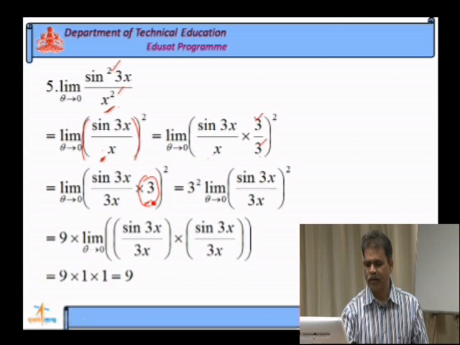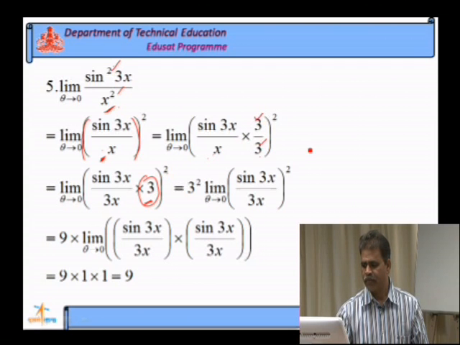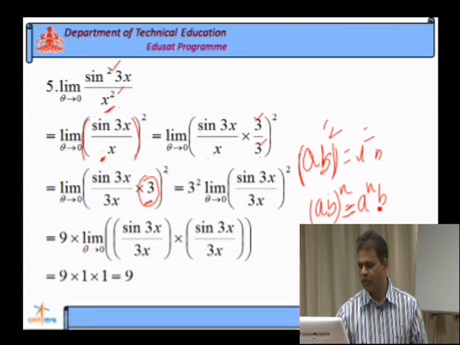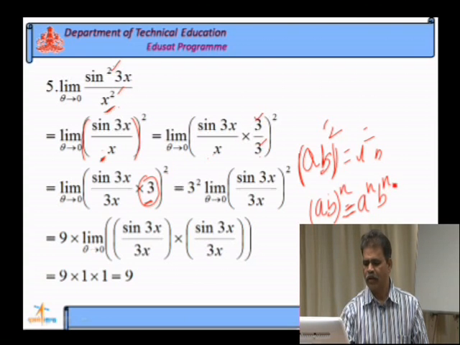This is a constant. Now, this 3 is taken outside the bracket. So, it is 3 square, because as we know that (ab) whole square is equal to a square into b square. (ab) to the power of n can be taken as a to the power of n into b to the power of n. Based on that, you can take 3 square as well as sin 3x divided by 3x whole square.